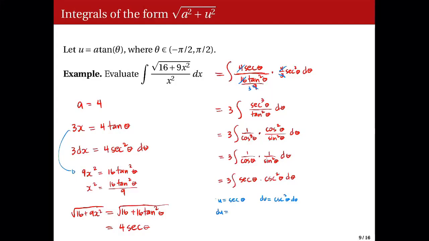Then du will be secant theta tangent theta d theta, whereas v is equal to negative cotangent theta.